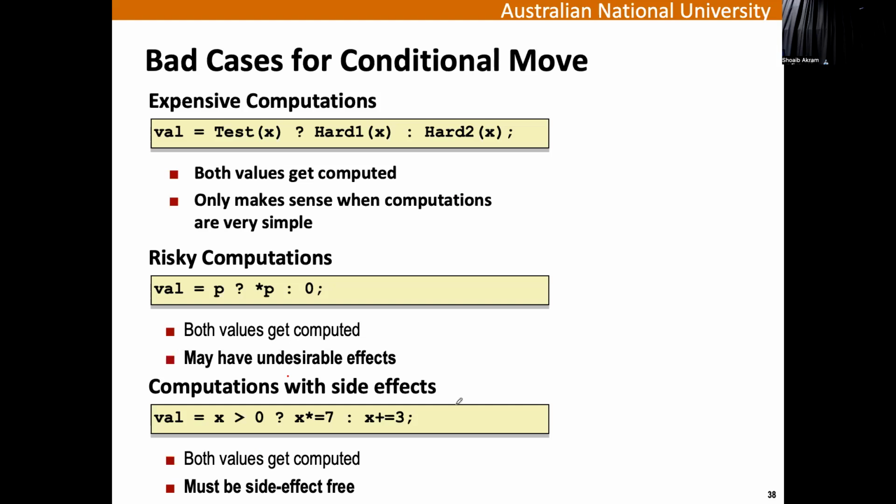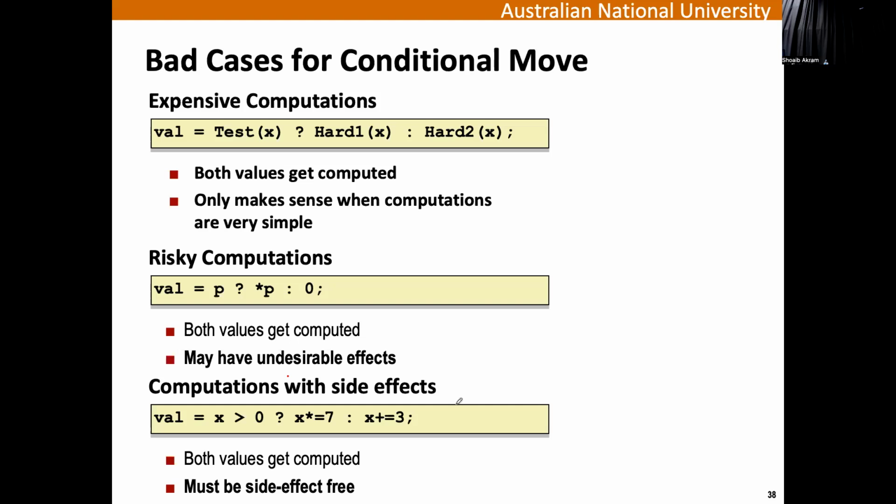Yay, that's a problem. So if the compiler goes ahead and says, okay, let me execute both statements, well, the programmer did not say that. The programmer said either multiply x by 7 and store it in x, or add x to 3 and store it in x. Because of compiler's transformation, you will first store in x multiplied by 7 and then x plus 3, okay, which is wrong.